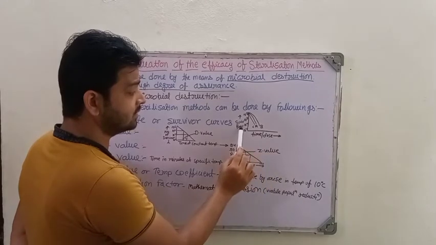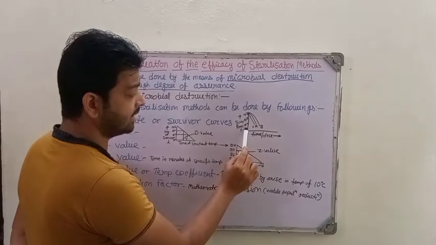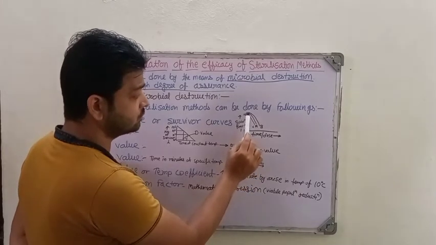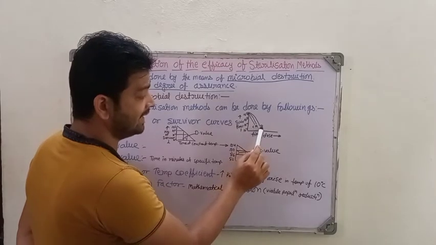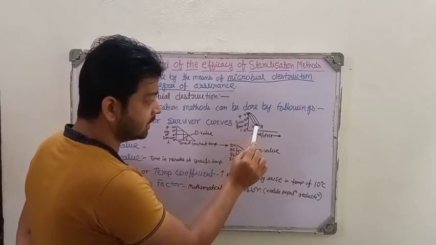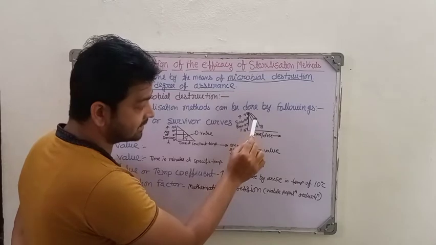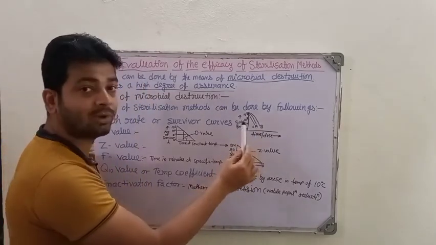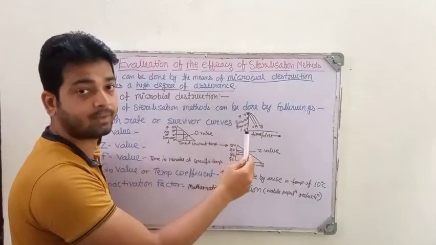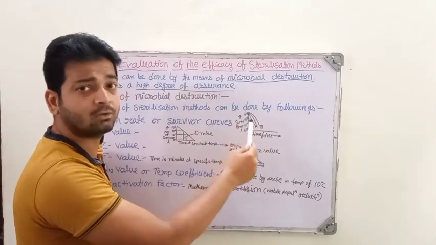The survival fraction is presented on a logarithmic scale, 10 to the power 5, 4, 3, 2, like that. And these are the numbers of microorganisms C, B and A, how they die, and that curve will show the rate of reduction or destruction of the microorganism by adopting that particular method.